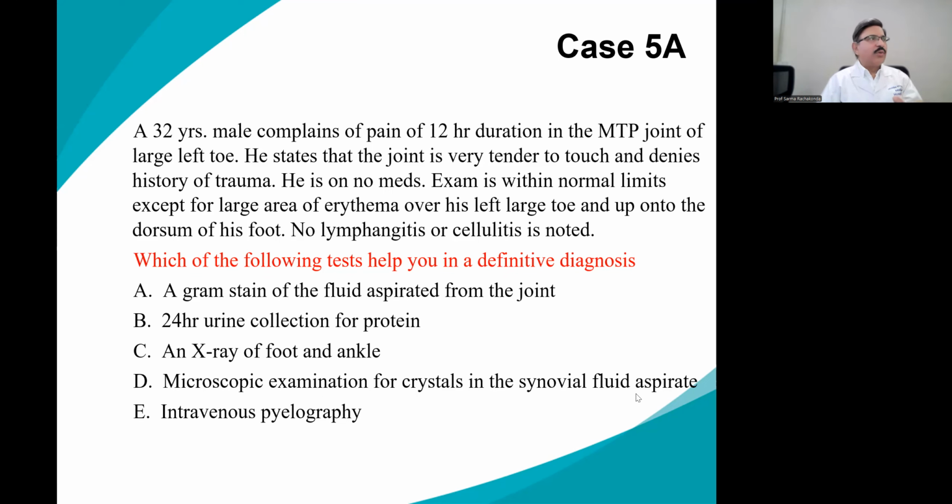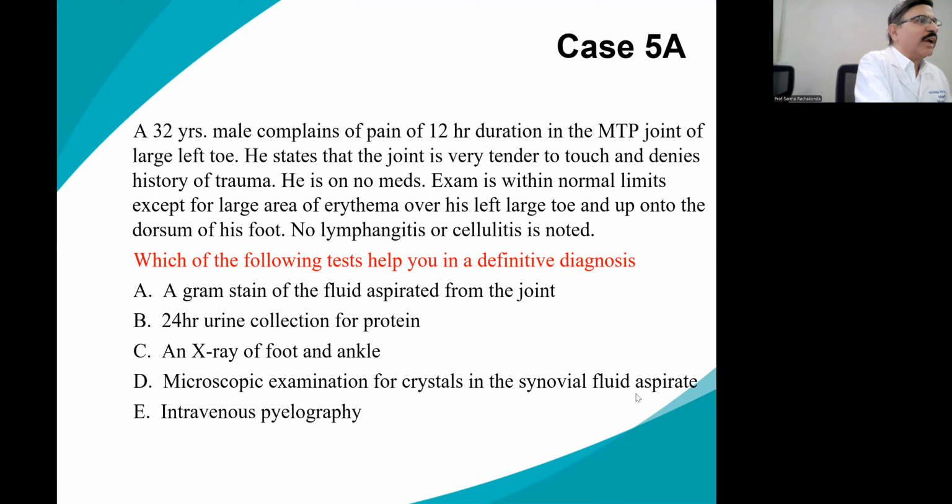X-ray of the foot and ankle, one attack, 32-year-old fellow, what will the X-ray show? Taking an X-ray is useless, isn't it? So, Gram stain of the aspirated fluid, septic arthritis should be ruled out. And you should demonstrate the crystals to show it is an acute attack of gout. So, you aspirate the fluid, put it for Gram stain, look under the polarized microscope for light birefringence.